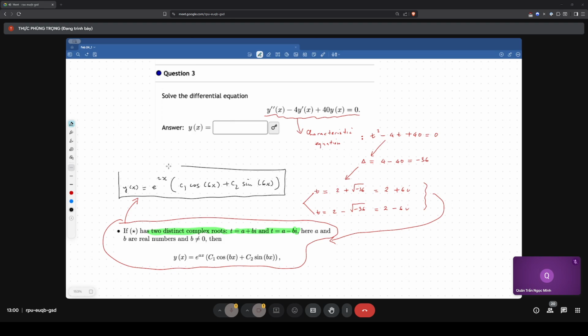C1 and C2 can be any number. Any questions?